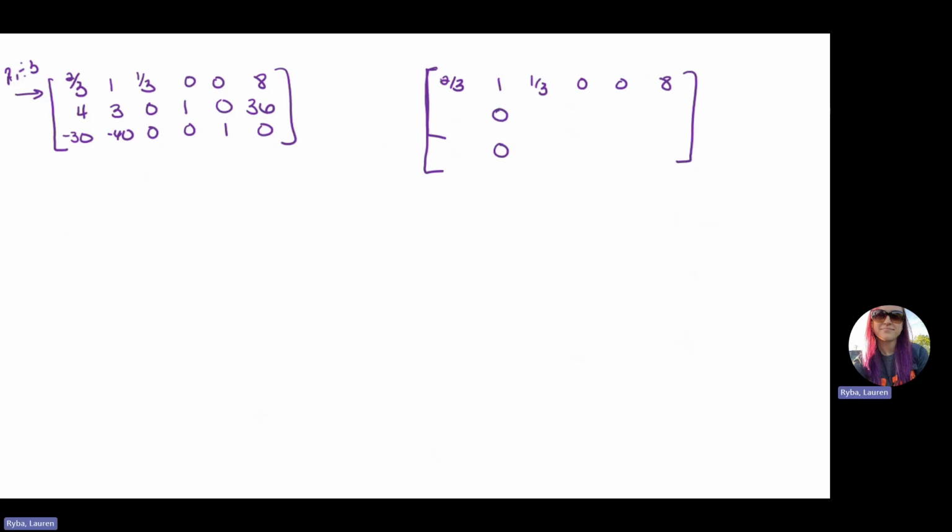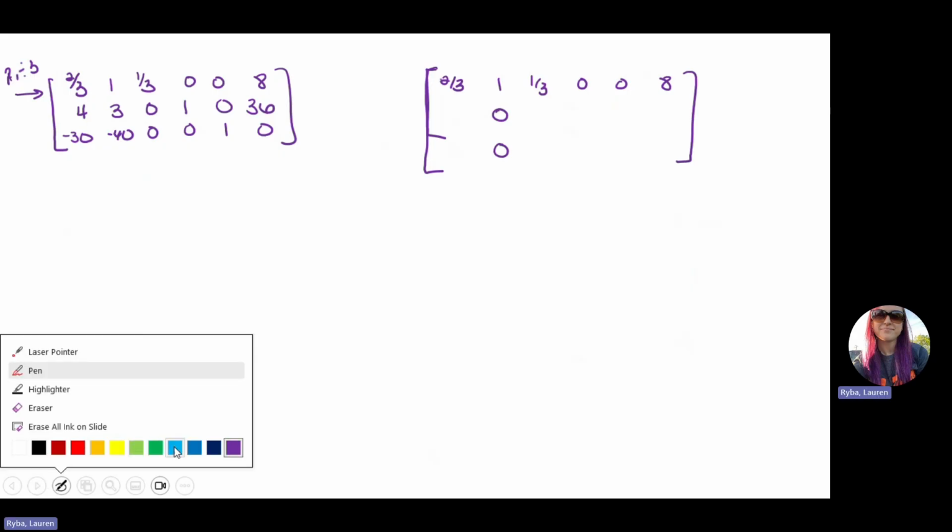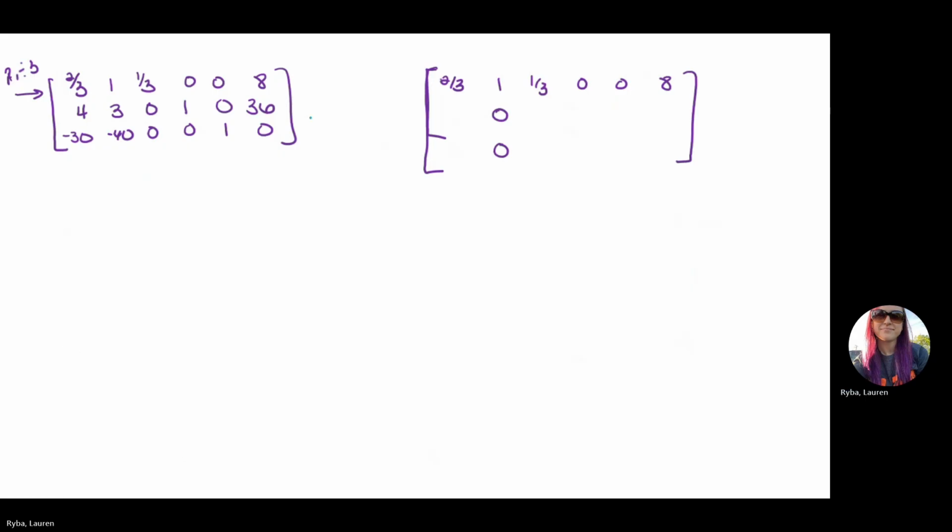That's my goal. In order to do that, we take row 1 times the opposite of 3, and then add it to row 2, and it's going to go back into row 2. And then I'll look at the same thing for row 3. I'm going to take row 1 times the opposite of negative 40, so times 40, and then add it to row 3, replacing row 3.